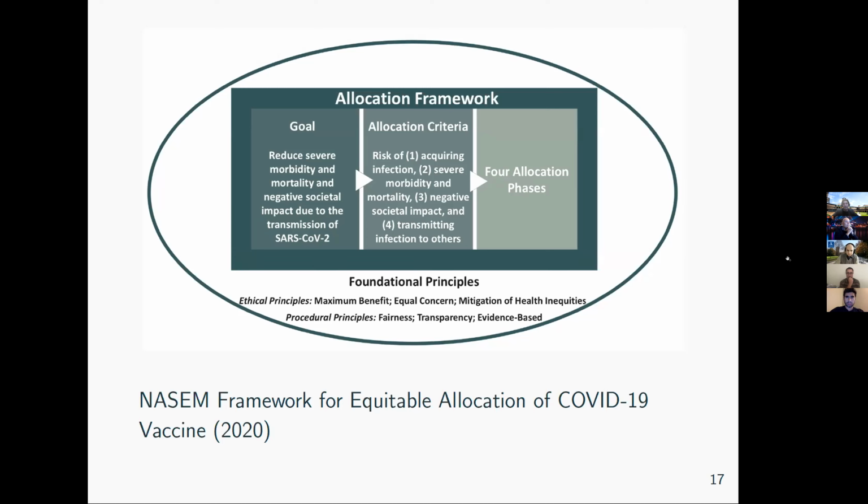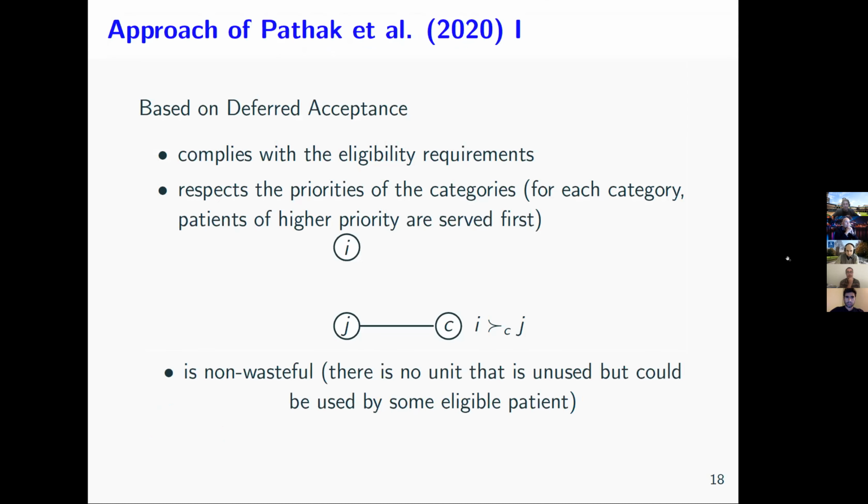And I'll go into a few ideas behind this paper, but in particular, I'll mention a couple of rules which are in this paper. So the first approach of Pathak et al. was based on viewing this matching framework and then thinking in terms of applying a deferred acceptance algorithm for this problem.